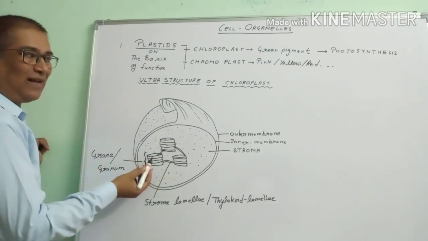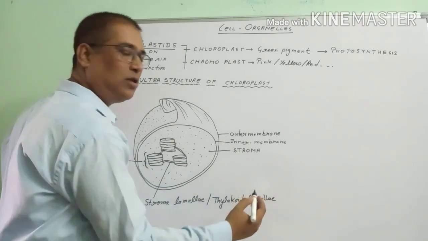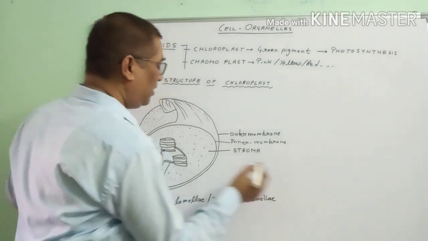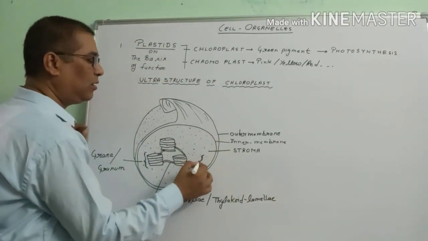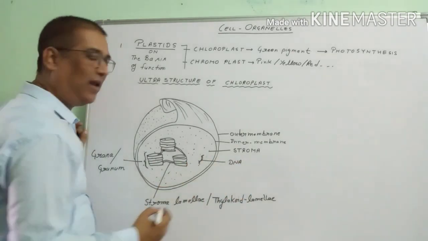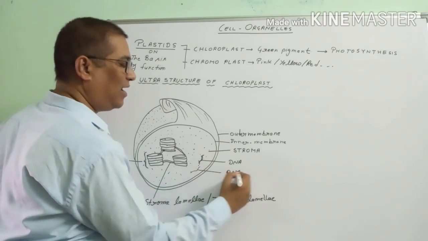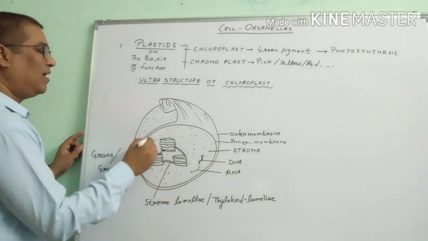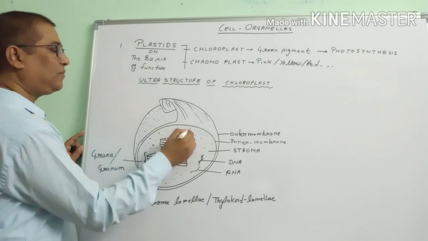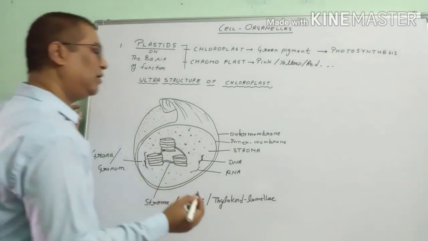Now, a single coin bunch also contains DNA, RNA, as well as ribosomes.